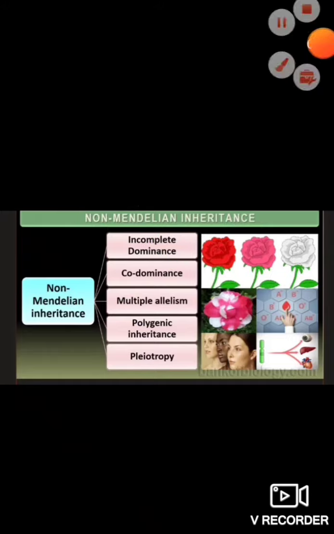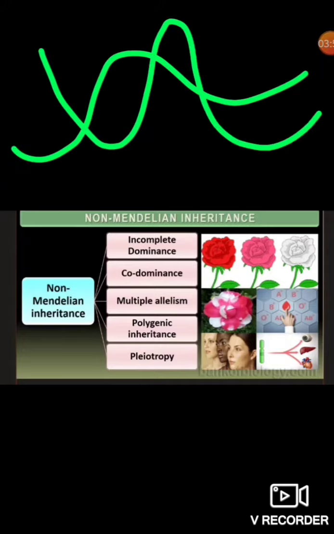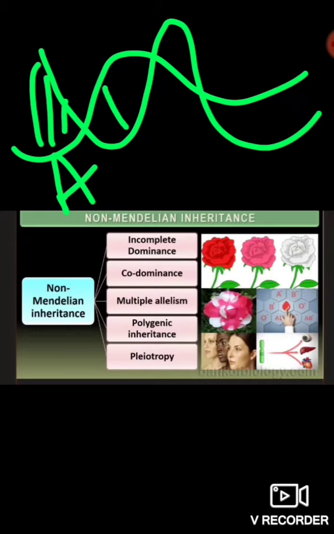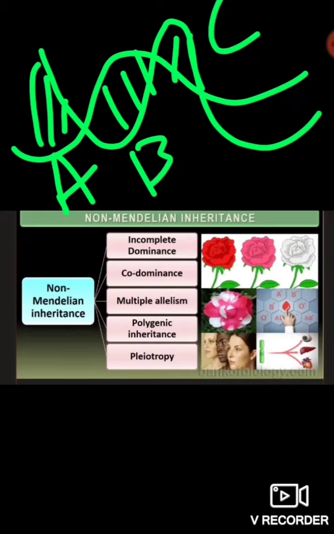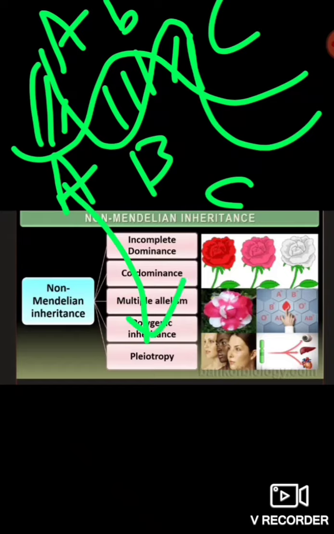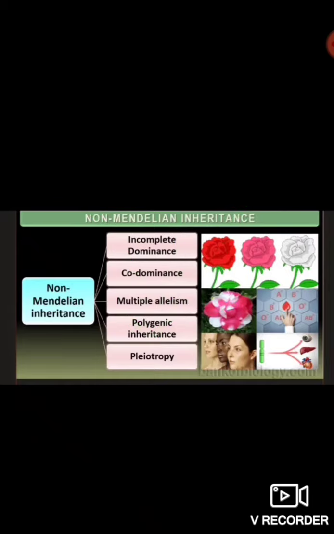For skin color or height, if more than one gene is present, for example A, B, C, where it might be capital B or small b, and so it might be C. More than one gene expressing one character, for example skin color, we call poly, that means many-gene inheritance. In polygenic inheritance, the environment also plays a very important role.